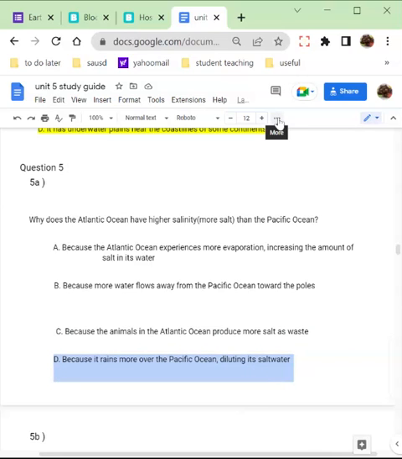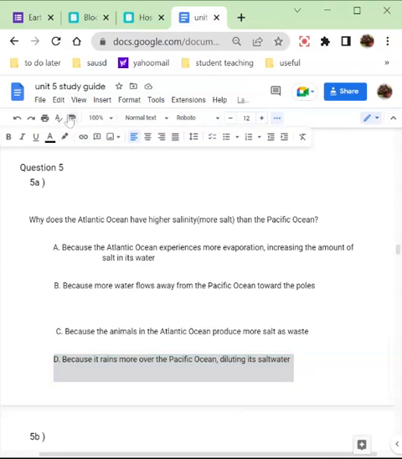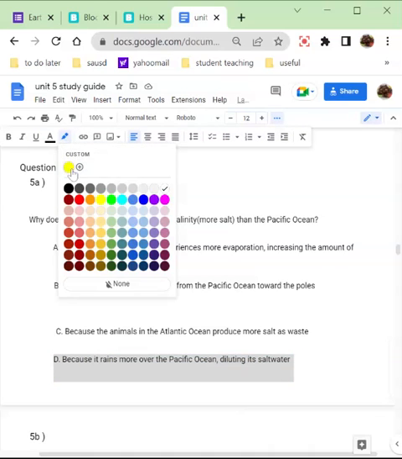With more water being added to the Pacific Ocean, the salt water dilutes more. If you have salt, the more water you put, the less salty it will be. So that's why the Atlantic Ocean has more salinity.